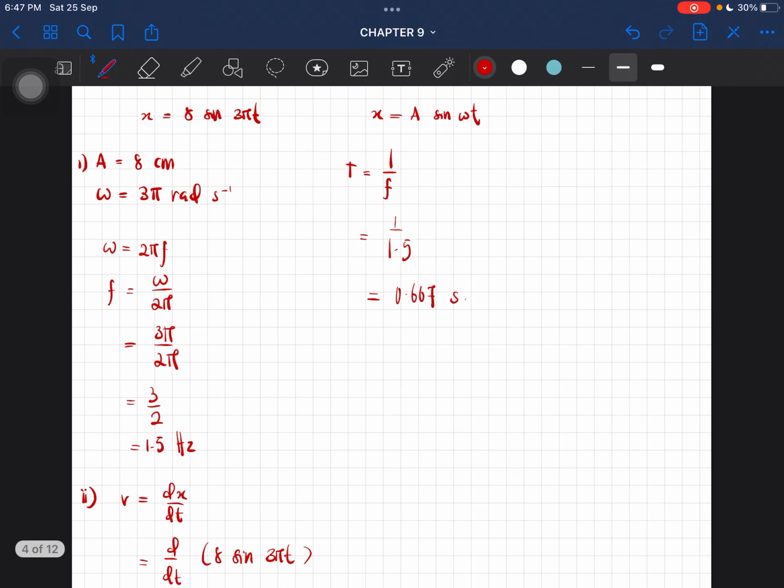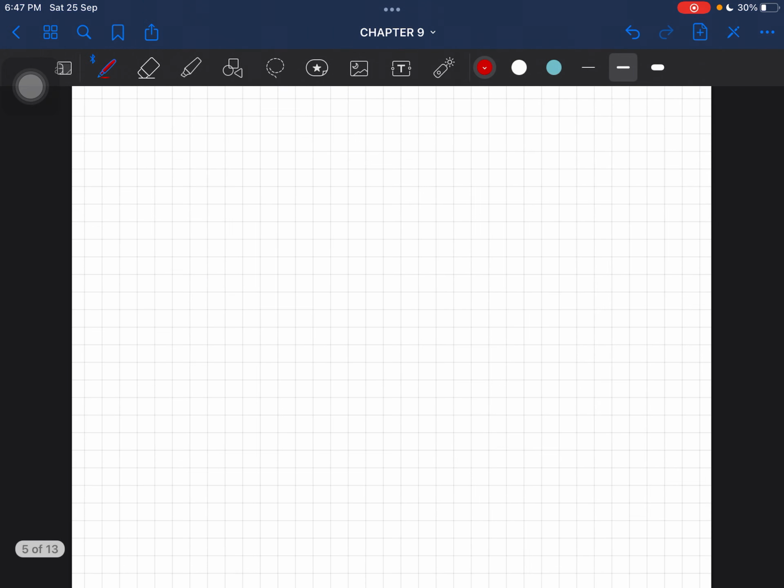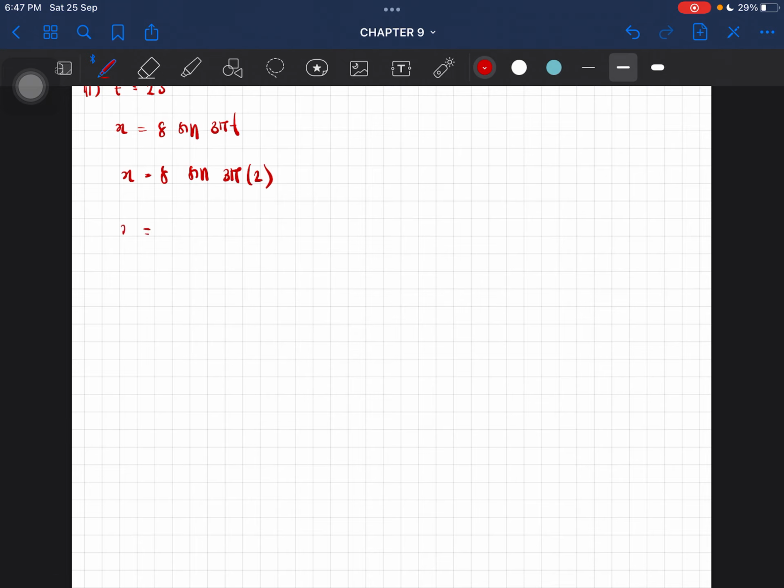Right, enough. Then we need to find, at time t, the displacement, velocity, and acceleration. That is at t equal to 2 seconds. We have x is equal to 8 sine 3 pi t. So we just substitute t equal to 2 seconds. So 8 sine 3 pi times 2. I have to calculate this.